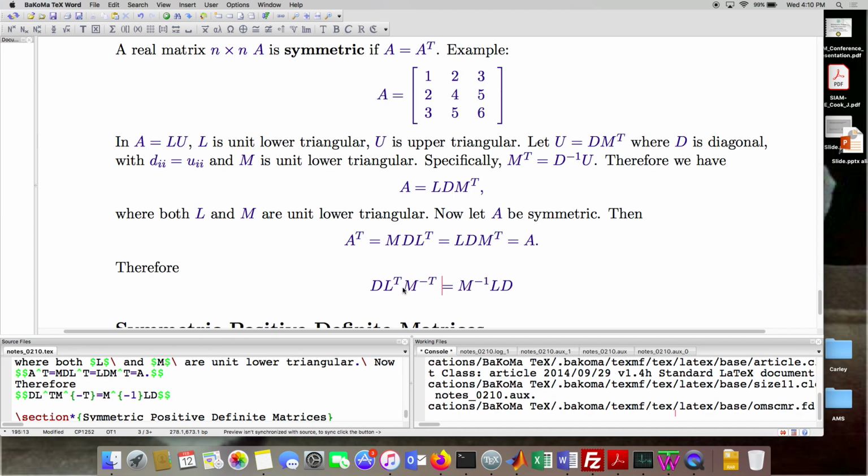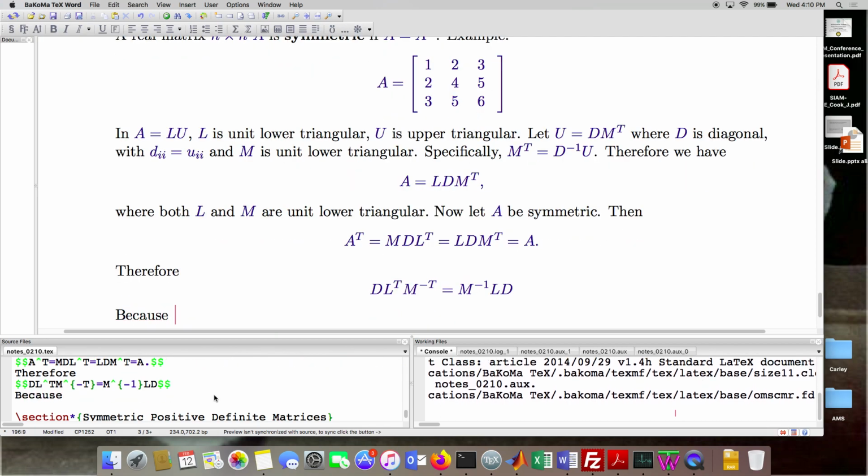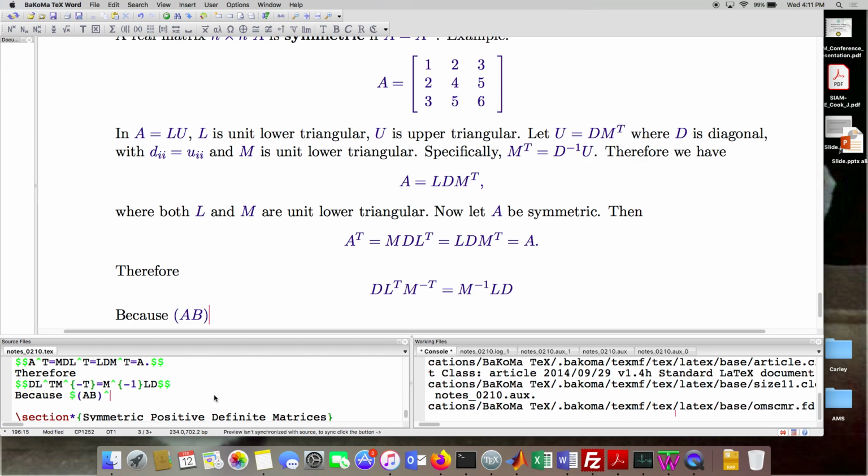I have a rather funny notation here, minus T. That's because taking the inverse of a matrix and then the transpose is the same as taking the transpose and then the inverse, so it doesn't matter what order you carry out those operations in. The symbol minus T means inverse transpose and encapsulates all of that. This uses the property of inverses and transposes that (AB) transpose equals B transpose A transpose.